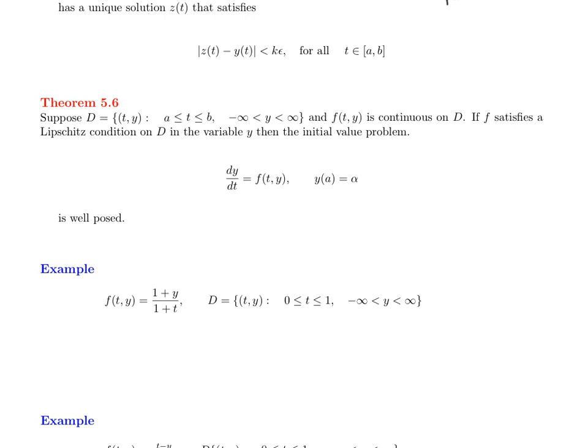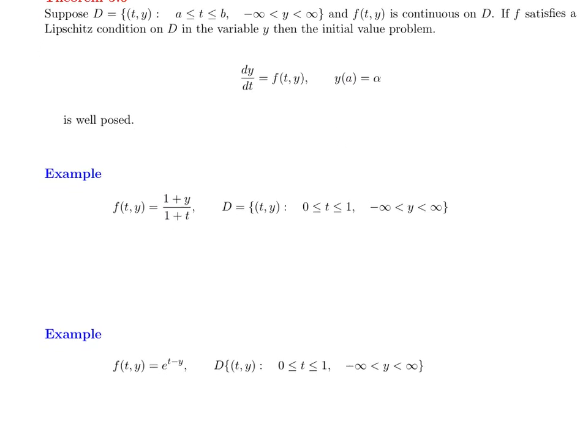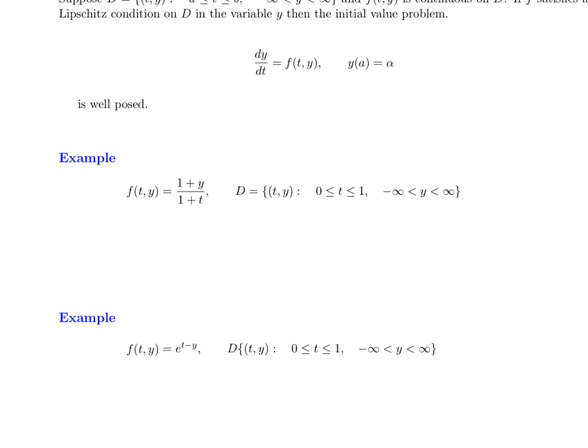Okay? So, for example, let's look at this case. Here you have f of t, y is equal to (1 plus y) divided by (1 plus t). You can check this is a convex set. So what is the partial derivative of f with respect to y? This will give you 1 over (1 plus t). The absolute value of this is clearly less than or equal to 1.